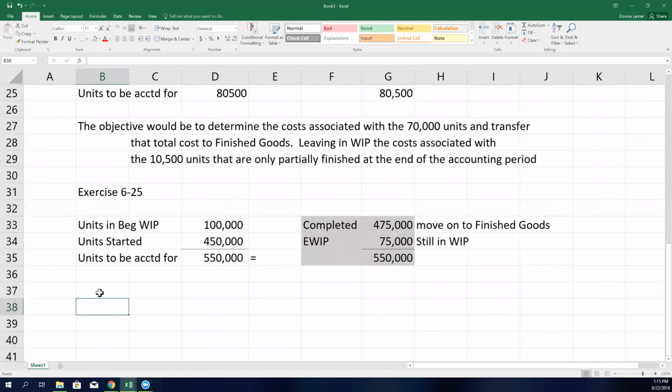So that's kind of the objective. And that's called a physical flow schedule. It's the beginning of our production report. So that's really exciting and nice that we figured out the physical flow. We've got to figure out how to start playing with the numbers and the dollar amounts. One of the things we have to do is look at what's called equivalent units.